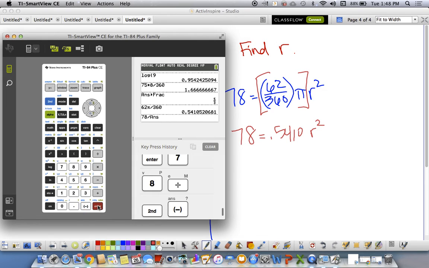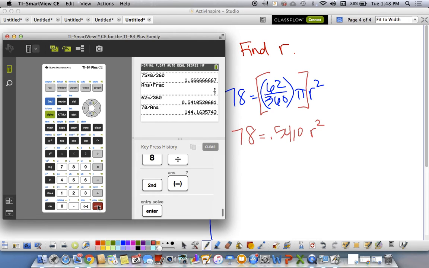Second answer, and it pulls all these decimals in right there so you don't type it again. Don't ever type those numbers again. But I need you to take all of them with you. So when you divide, you get 444.16, yada, yada, yada, equals r squared.